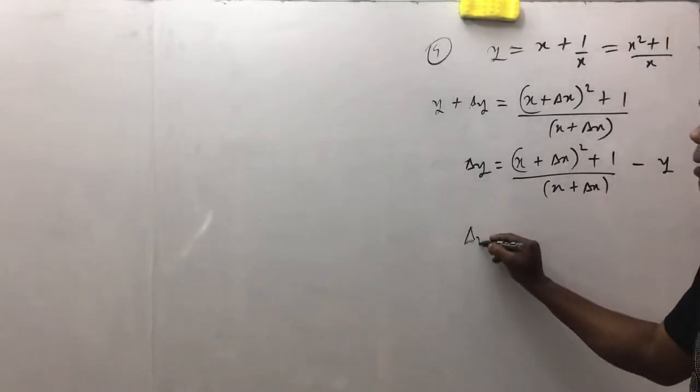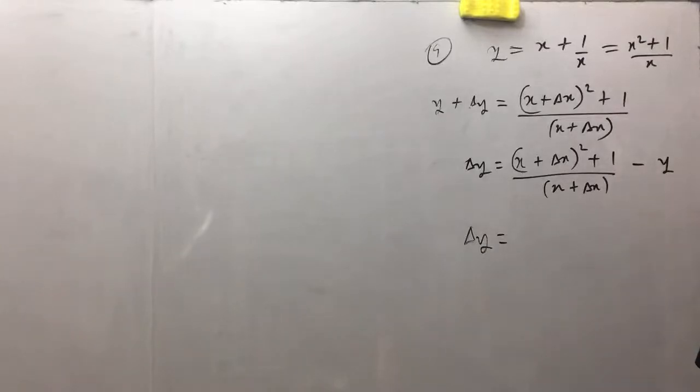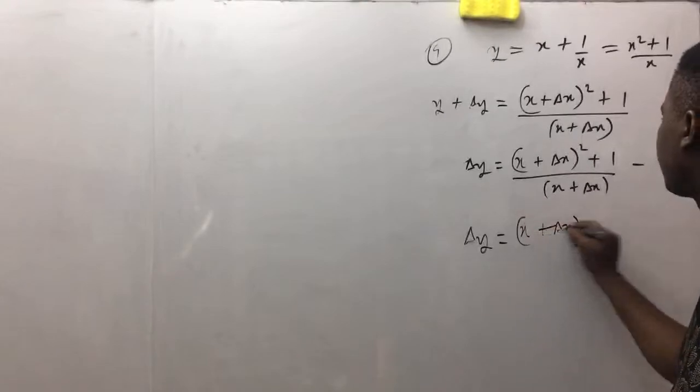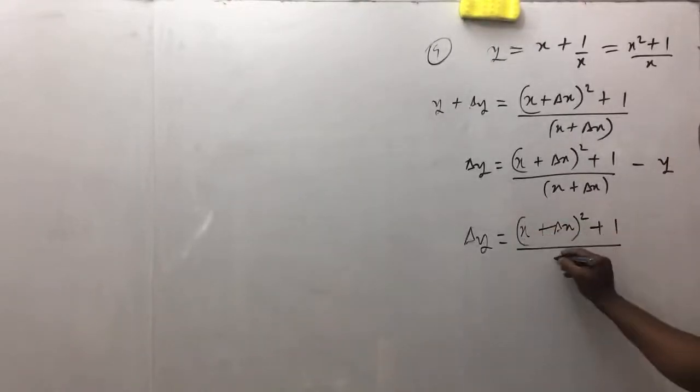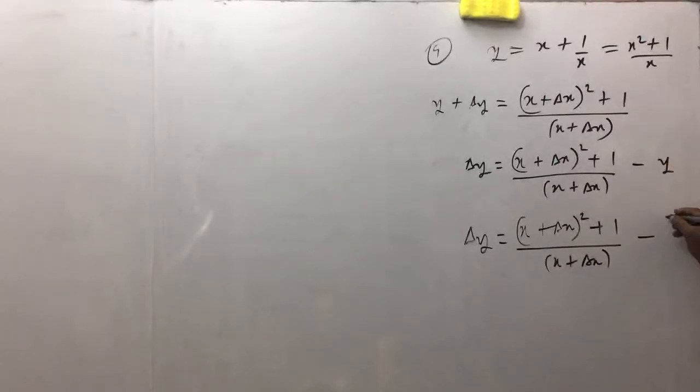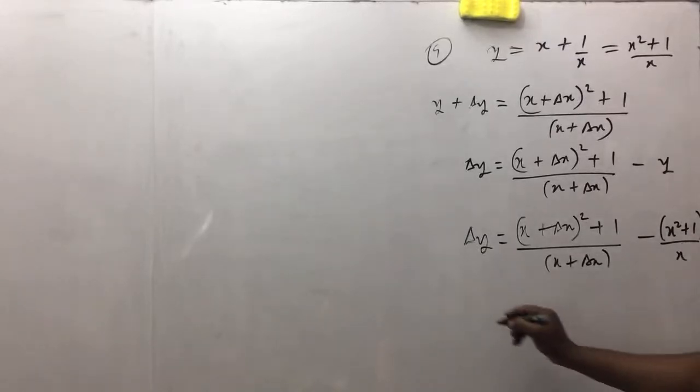So I'm going to put in place of y what the actual expression is. So minus y means minus x squared plus 1 all over x. Okay? So the next step would be to simplify further.